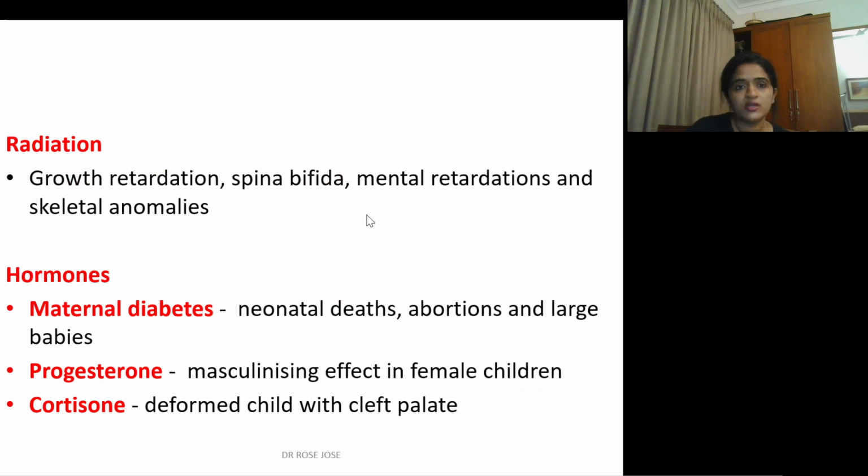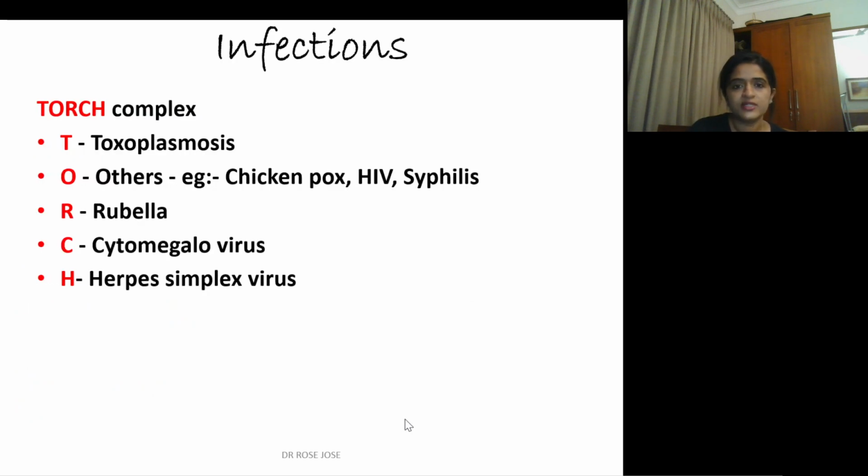Then radiation. Radiation exposure can result in growth retardation, spina bifida, mental retardation, and skeletal anomalies. Hormones, especially in maternal diabetes, will result in neonatal death, abortion, and large babies. Progesterone can result in a masculinizing effect in female children. Cortisone can result in a deformed child with cleft palate.